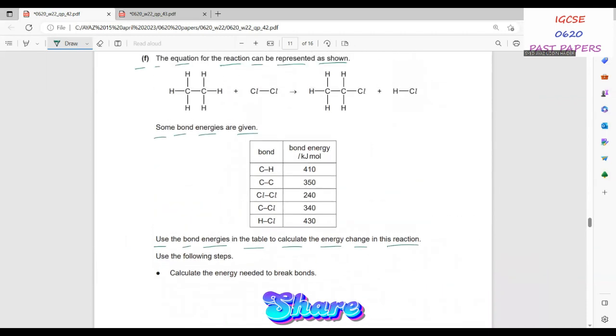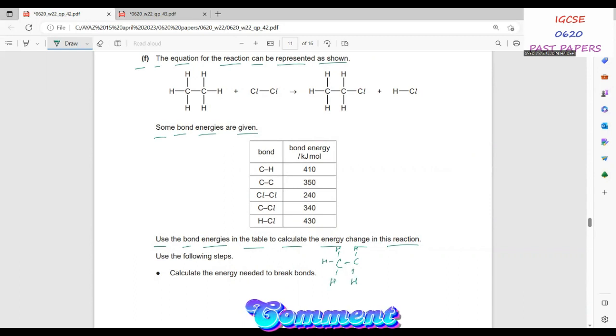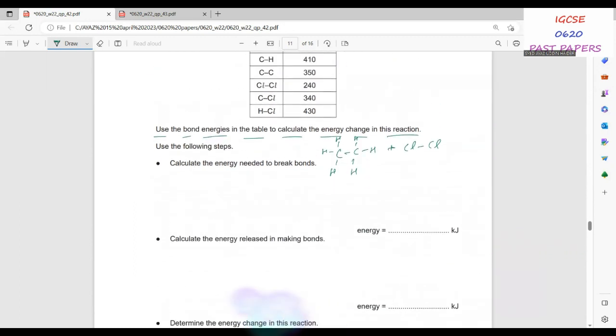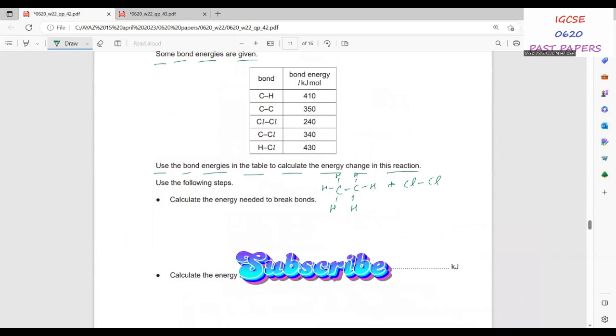This is the reaction taking place, C2H6 plus Cl2. Calculate the energy needed to break the bonds. So first of all, we will add up all the energy required for breaking the bonds.